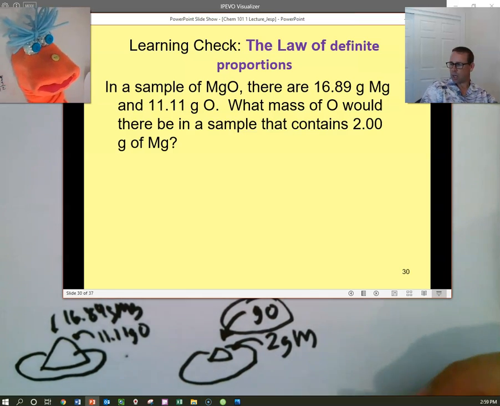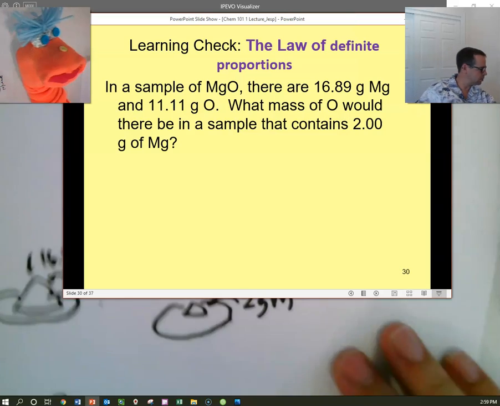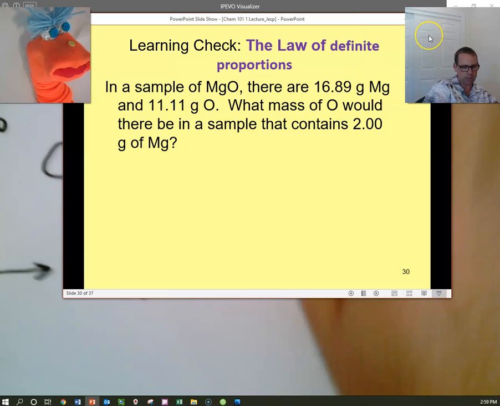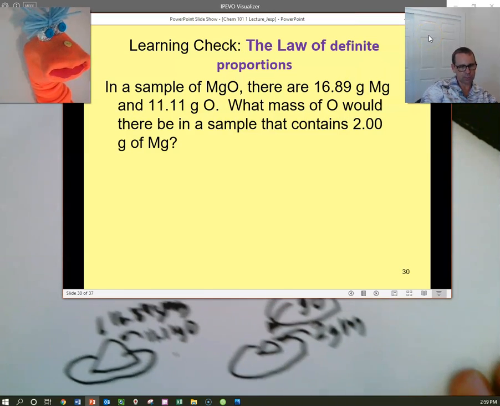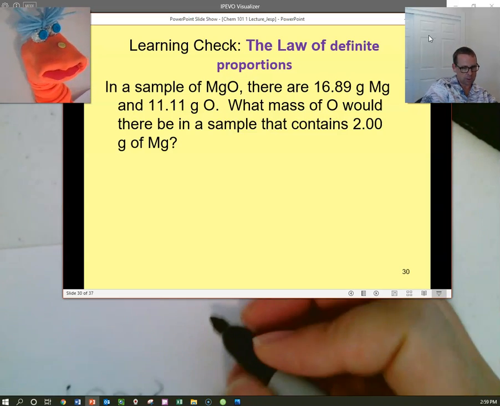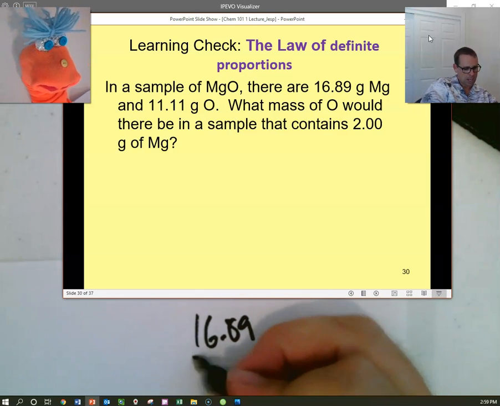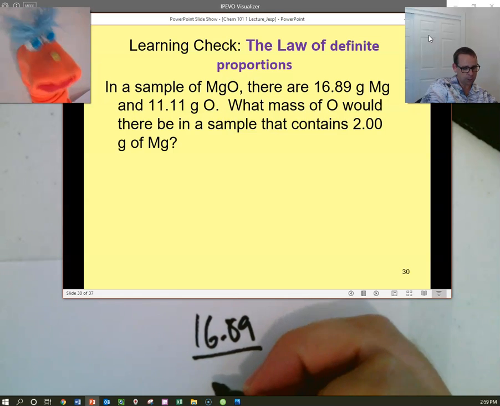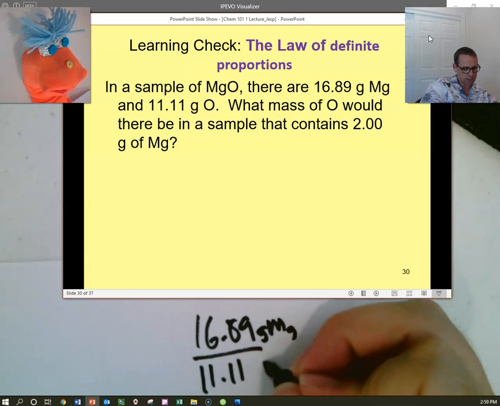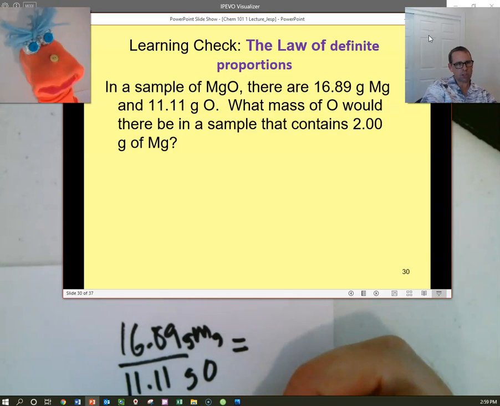So if I take my 16.89, and I put it over the 11.11 grams, because this is the grams of magnesium, and this is the grams of oxygen, I can set that equal to what?